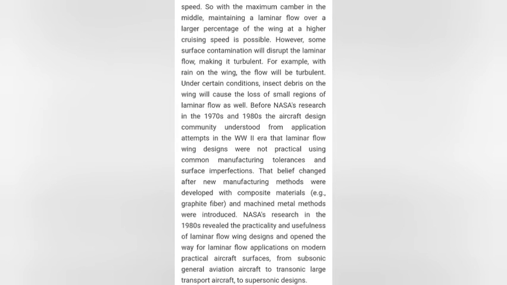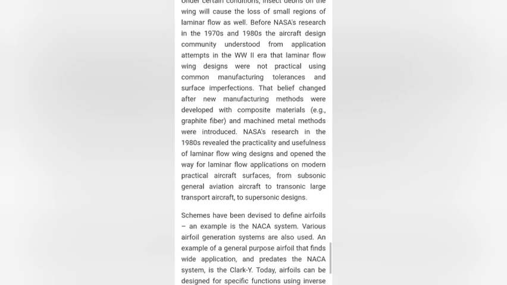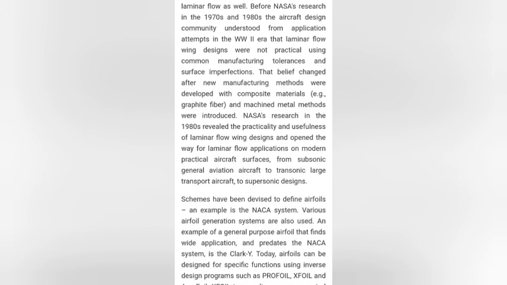Before NASA's research in the 1970s and 1980s, the aircraft design community understood from application attempts in the WW2 era that laminar flow wing designs were not practical using common manufacturing tolerances and surface imperfections. That belief changed after new manufacturing methods were developed with composite materials, for example graphite fiber, and machined metal methods were introduced.